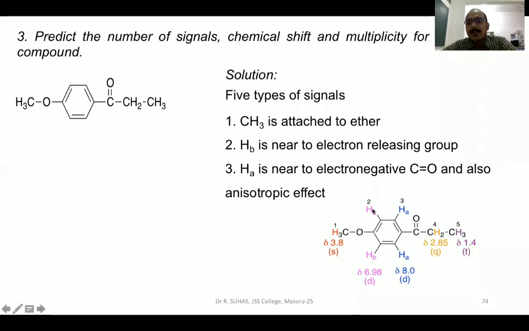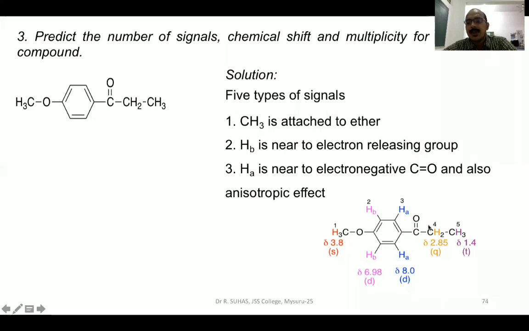But we have to make the distinction here that the left hand side will have a lesser value because this methoxy is an electron releasing group, whereas this carbonyl is an electron withdrawing group. So on this side you expect more shielding, whereas on this side you expect more deshielding, and hence the delta value will be less here, whereas here the delta value will be slightly more when compared to Hb protons.